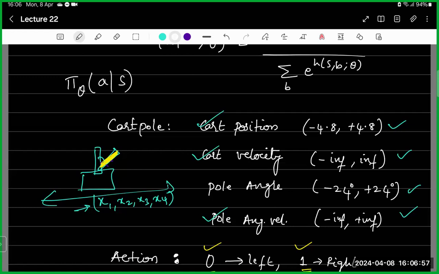S is a real vector of length 4, right? So what can be some basic function that you can think of? Maybe one way to do that is, let's say, for left, you model some parameters, and for right, you model other parameters. Okay.